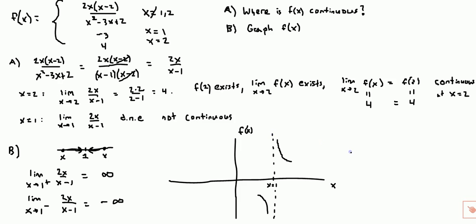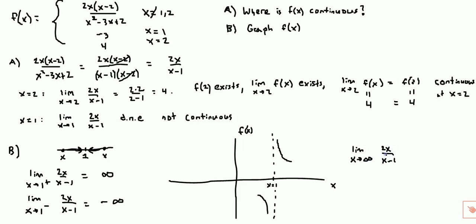Now what we need to know is what happens to the graph way out at x equals infinity and x equals negative infinity. So over here, let's look at the limit as x approaches infinity of 2x over x minus 1. Now remember, we're looking at the limit as x goes to infinity. So what we want to do is look at the degrees of the numerator and the denominator.